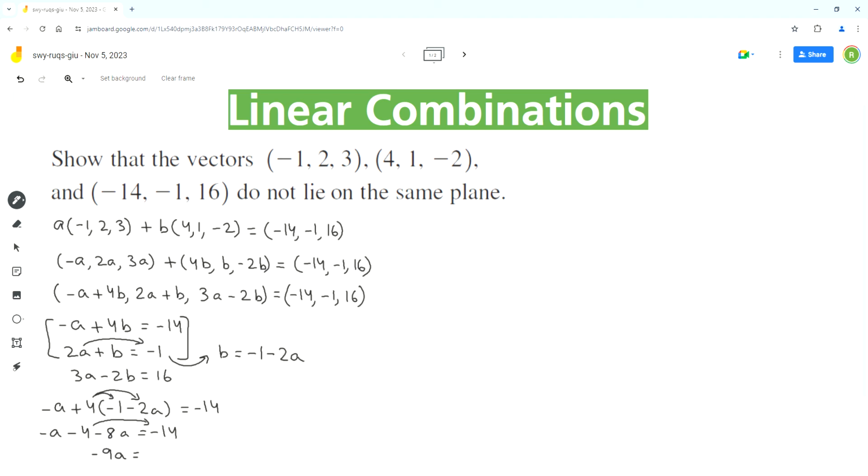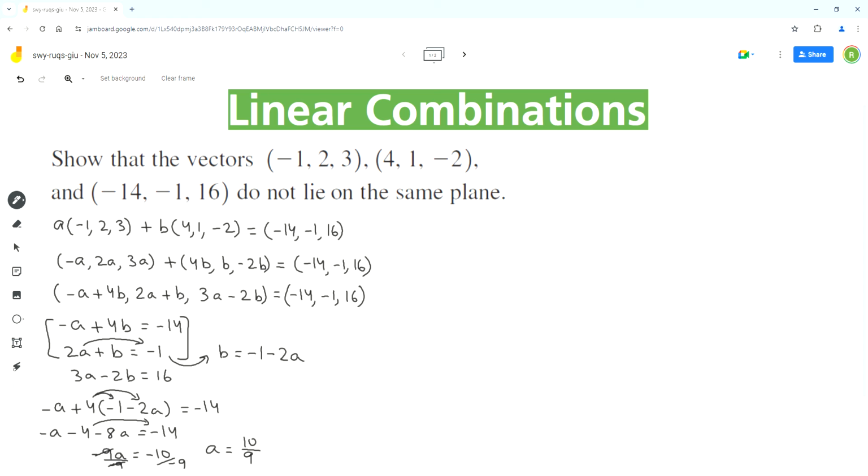The -14 plus 4 is equal to -10. Now we can divide both sides by -9. So the -9s on the left side get cancelled out. So we get a equals positive 10/9.